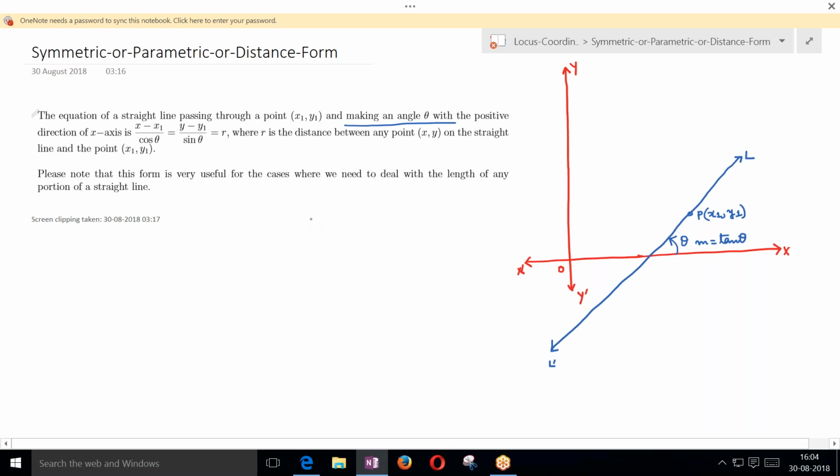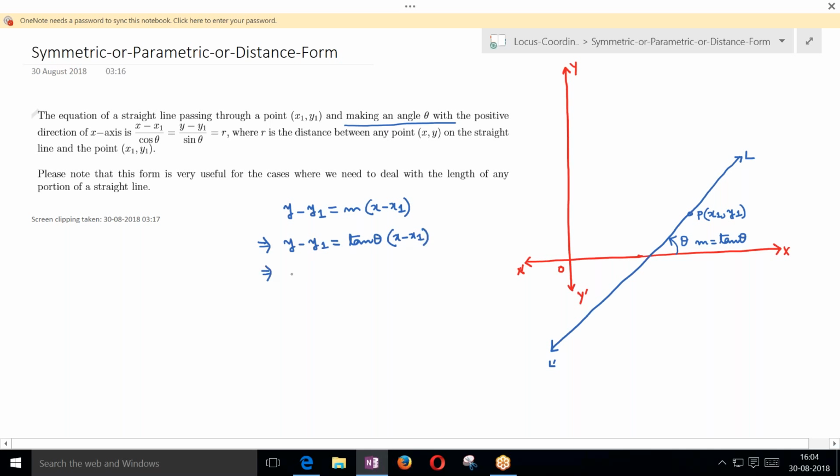Then let's apply our understanding of point slope form. According to the point slope form, the equation of the straight line is y minus y1 is equal to m into x minus x1. So from here we can write y minus y1 equals m, which is tan theta, into x minus x1.